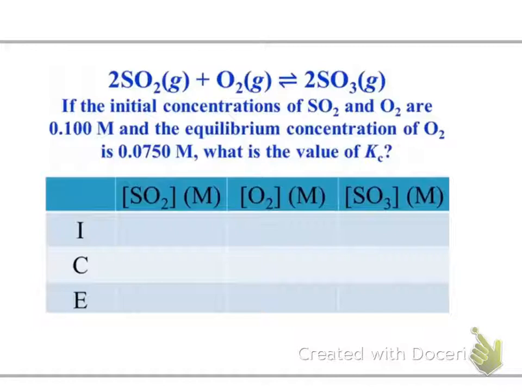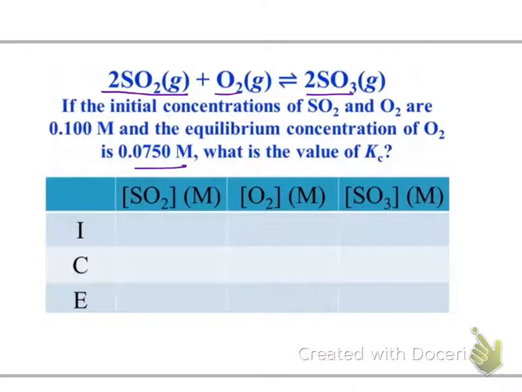So here we're told we have this reaction between SO2 and oxygen to give us 2SO3. And the equation's already balanced, and it says if the initial concentration of SO2 and O2 are 0.100 molar, and the equilibrium concentration of O2 is 0.075 molar, what is the value of Kc? So let's go ahead and fill out the table with what we know.